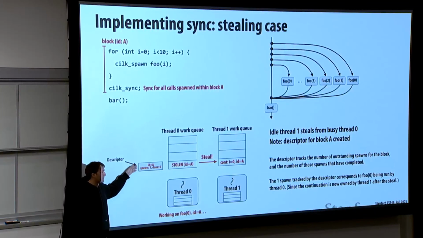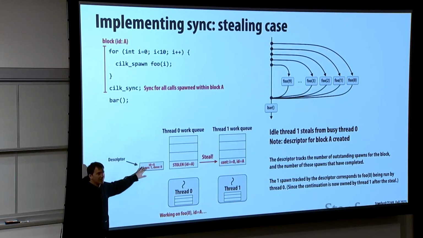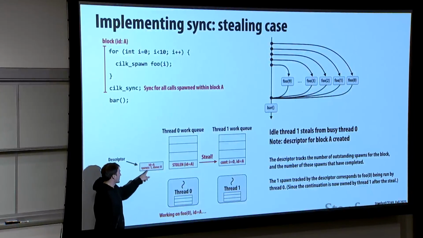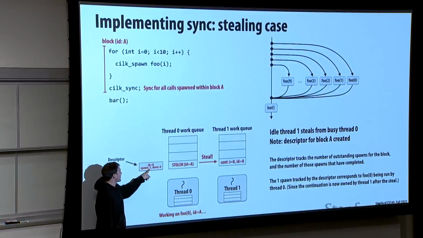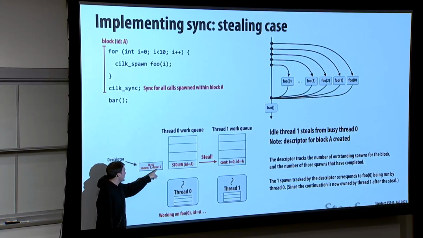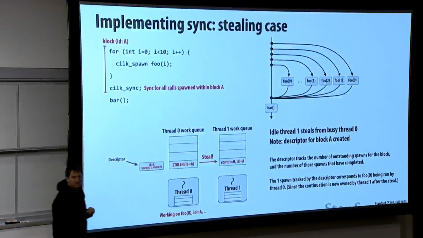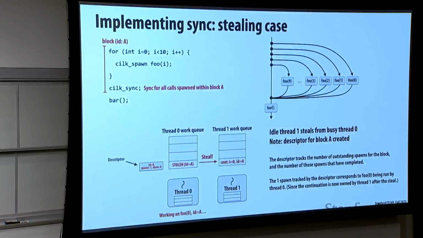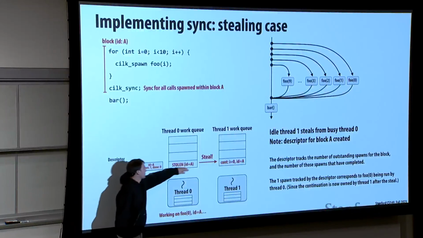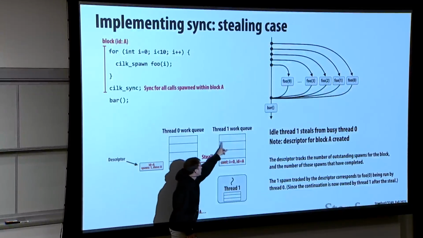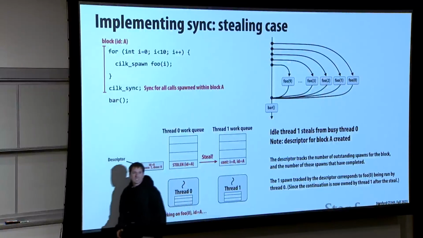Now what I'm not talking about here is how to manage the locking and unlocking of all these shared data structures. But there's this saying, hey, look, one worker has stolen work that's related to block A, and 0 remote workers have reported that they have finished work for block A. So in this case, this field is now just empty because it's been stolen. And thread 1 has the continuation of block A.